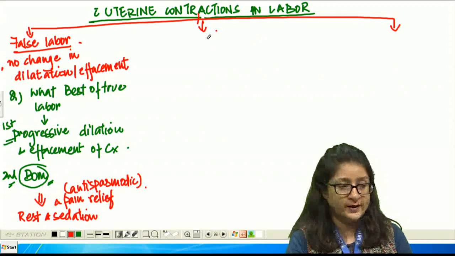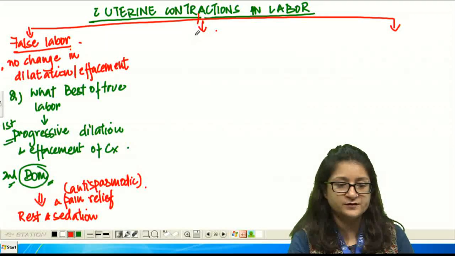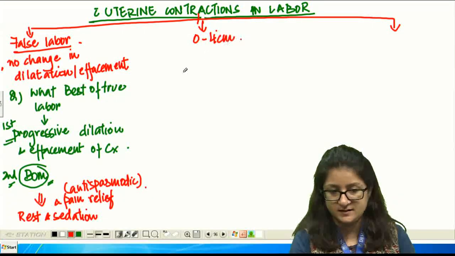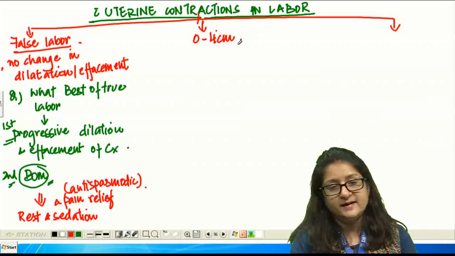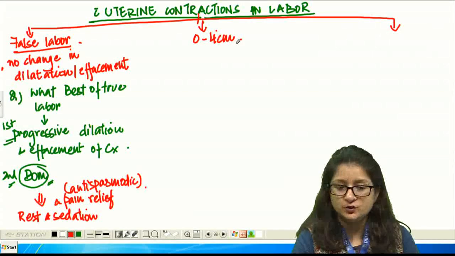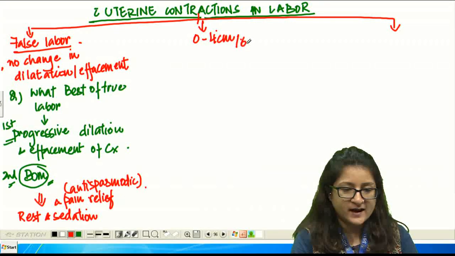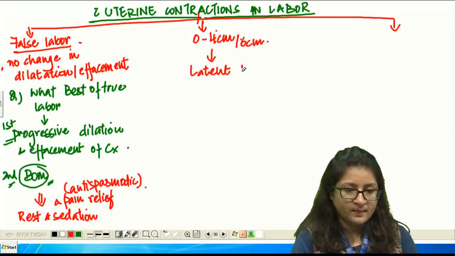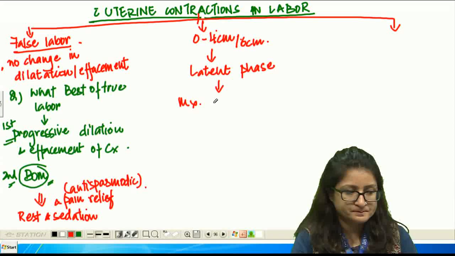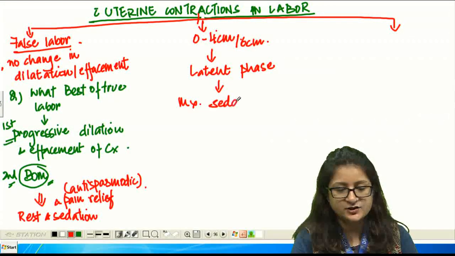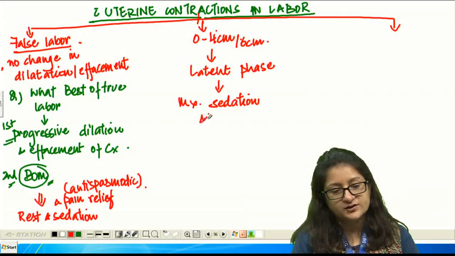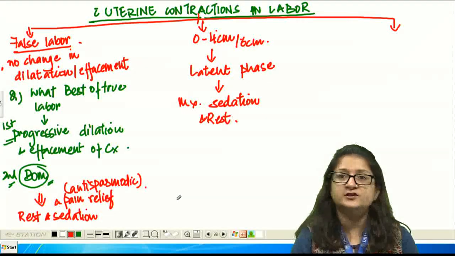But if she is in true labor, if she is 0 to 4 centimeters, or let's say the new Williams says up to 6 centimeters, okay, so that way she would be in latent phase, right? Then in that case the management is sedation and rest, okay. Sedation and rest, this is the management.